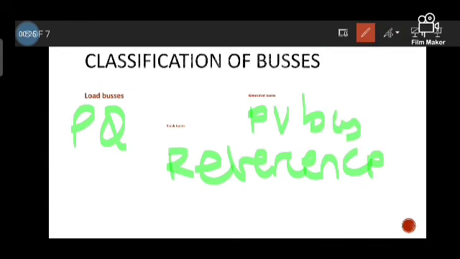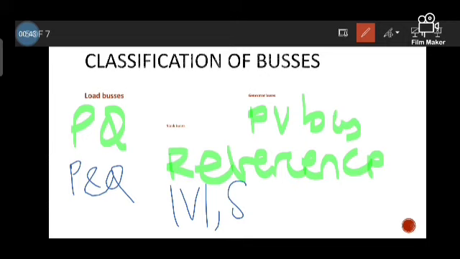In the load bus, the known quantities are P and Q. In the slack bus, the known quantities are voltage magnitude and phase angle. In the generator bus, the known quantities are active power and voltage magnitude.